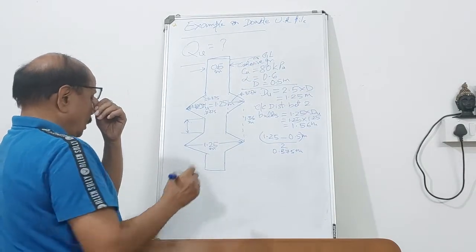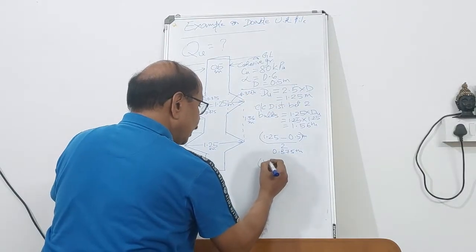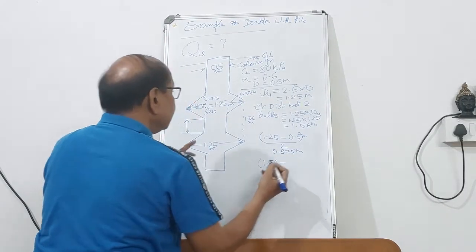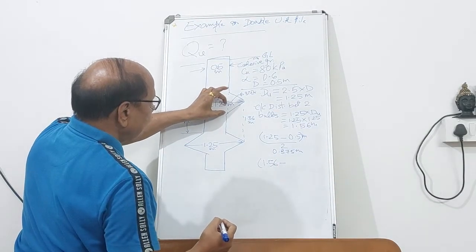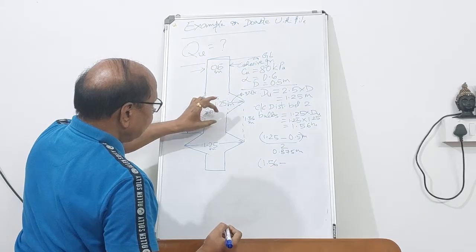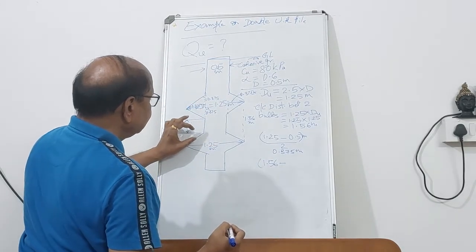How? This we know is 1.56 meter minus 0.375 and this is also 0.375.